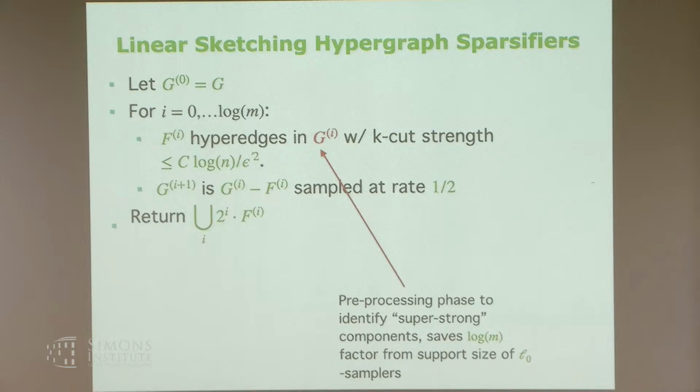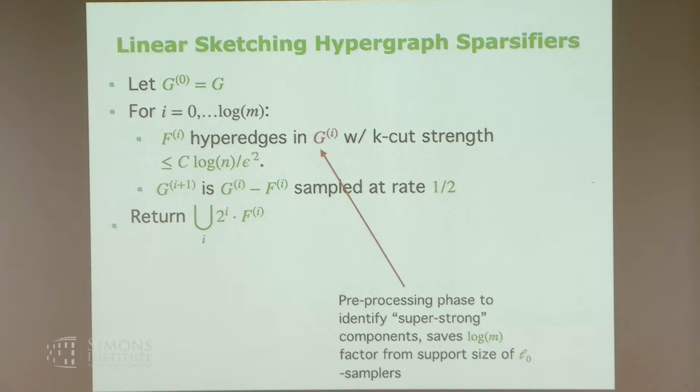The second problem deals with the fact that each L0 sampler has a dependence on r, and then also a dependence on the support size of the vector it's representing. In each graph, you can have m hyperedges. That means that there's necessarily r log m bits per L0 sampler. So we show there's a pre-processing phase that you could use, which merges away the super strong components.